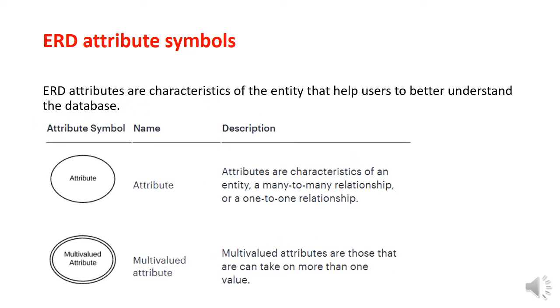So here we have different types of symbols which are used to denote attributes. We have an oval shape or an ellipse. This is the symbol which is used to represent an attribute in the entity relationship diagram.